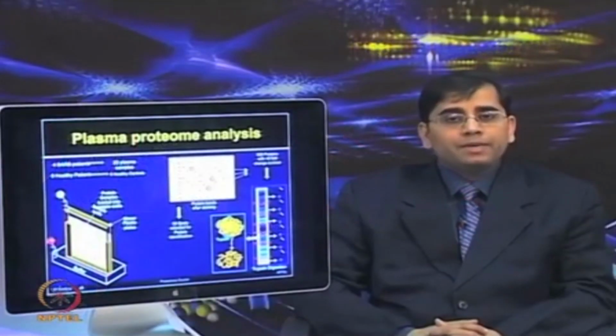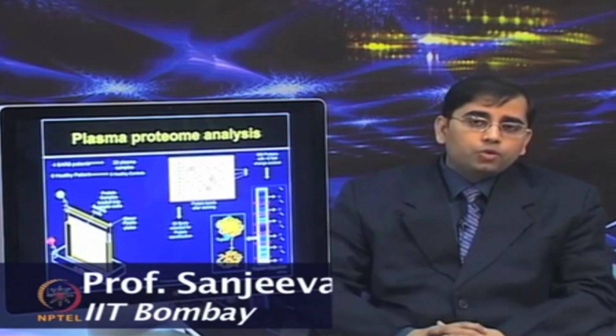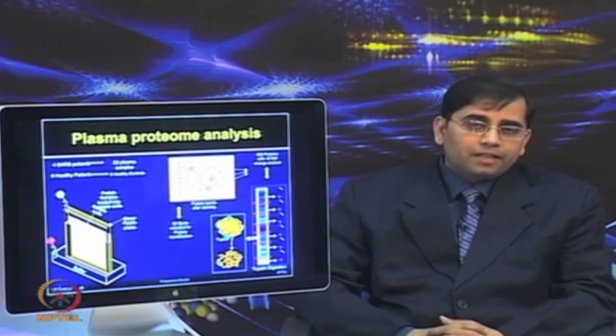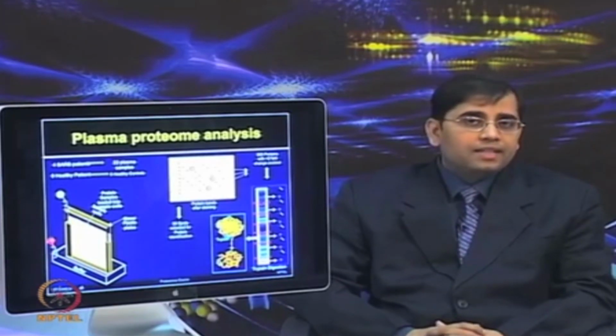For the plasma proteomic analysis, authors explored the possible pathogenetic mechanism of progression of SARS by analyzing plasma proteins of 22 different plasma samples, which were obtained from the 4 SARS patients and 6 healthy controls.